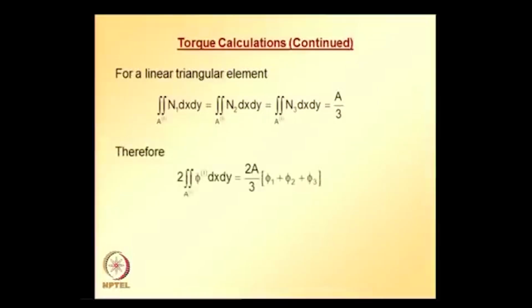So, the previous equation for linear triangle element simplifies to this one. So, total torque is basically we need to add over all elements, for each element it is 2/3 area times, or 2 times, average stress function, stress potential value.